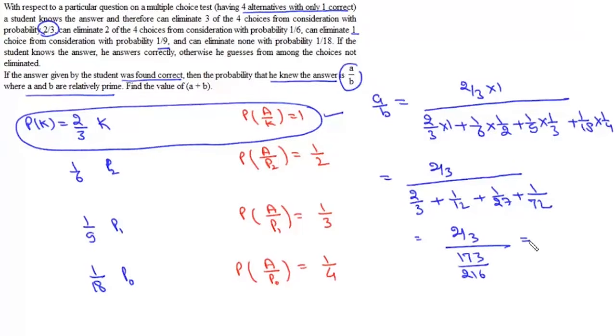If we simplify this, we'll get 144 upon 173. Now we need to find the value of A plus B. So the value of A plus B will be 144 plus 173, which is 317. So the answer to this question is 317.